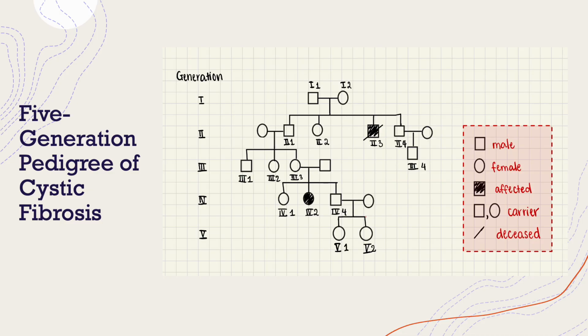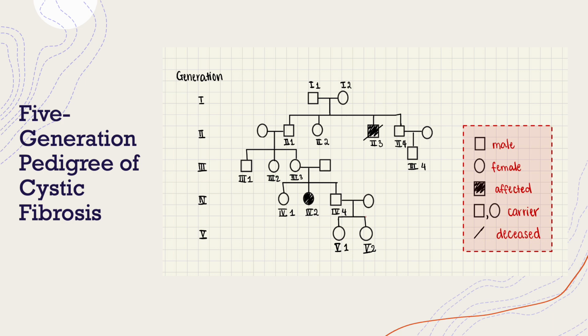This means both parents are likely carriers with genotype of big A, little a. In generation 3, individual 3-2 is affected. This means this person must have a genotype of 2 little a's because they show the disease.